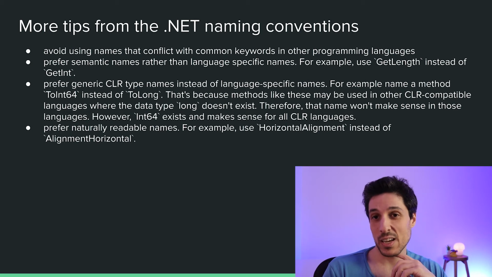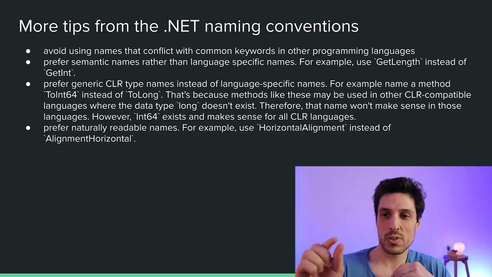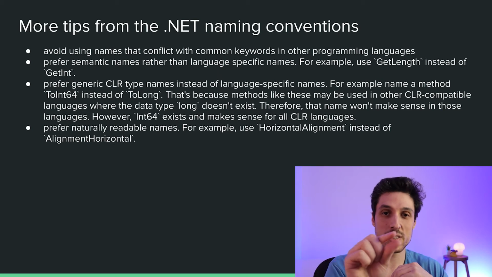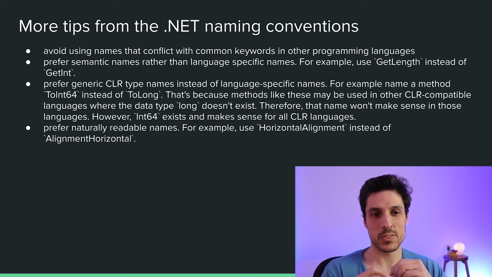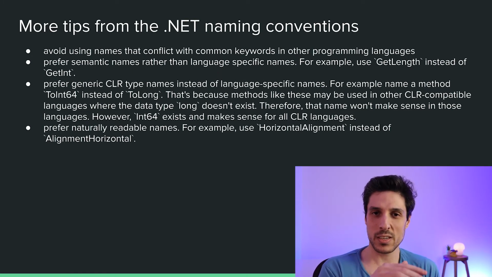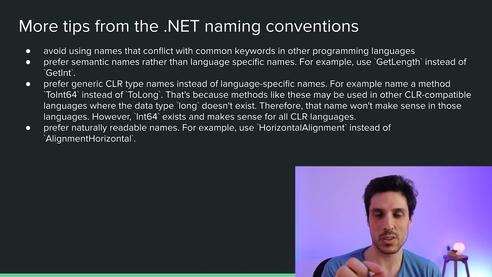the .NET guidelines give the example of use the name toInt64 instead of toLong, because the type long is only present in a couple of the .NET languages, whereas the type toInt64 is present in the CLR, if that makes sense.